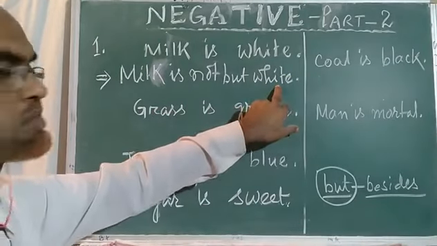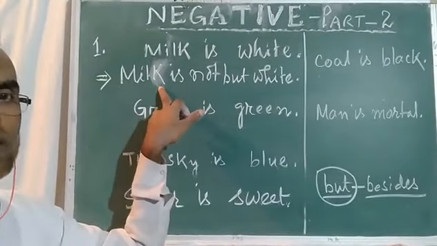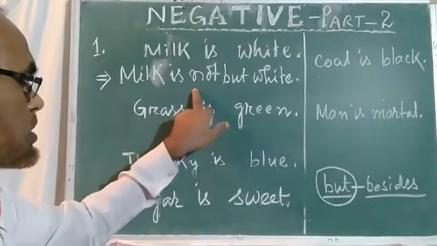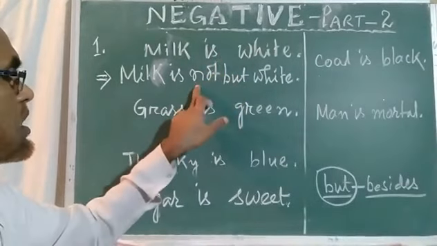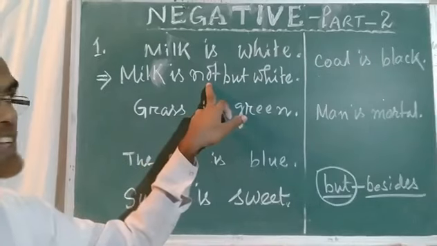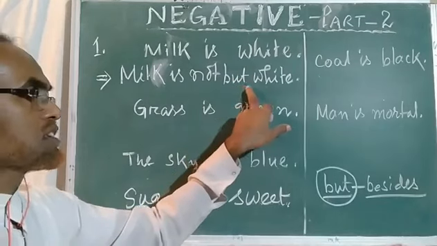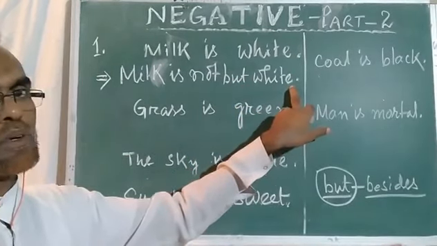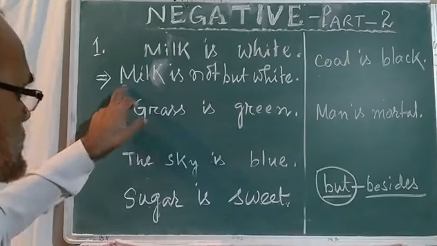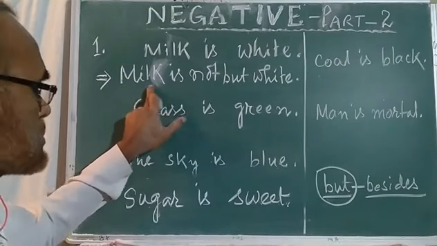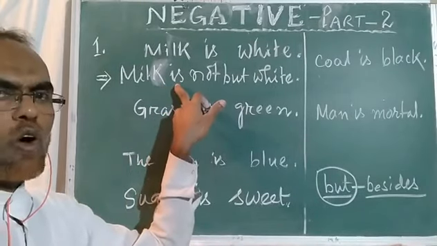What shall we do here? According to the rule of making present indefinite tense negative, just after the auxiliary we add not, and just after the not we have to add but, and after that the remaining parts of the sentence we have to write. That is, again I am saying, after the subject of the sentence there is an auxiliary.